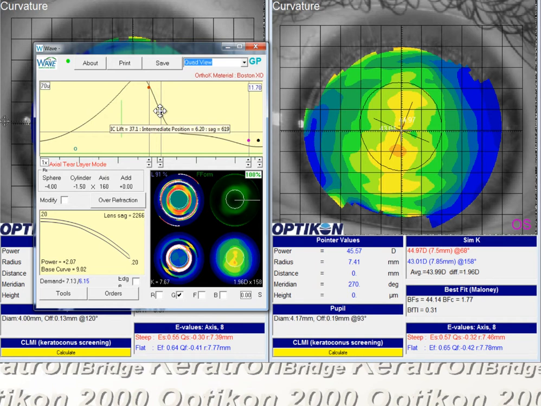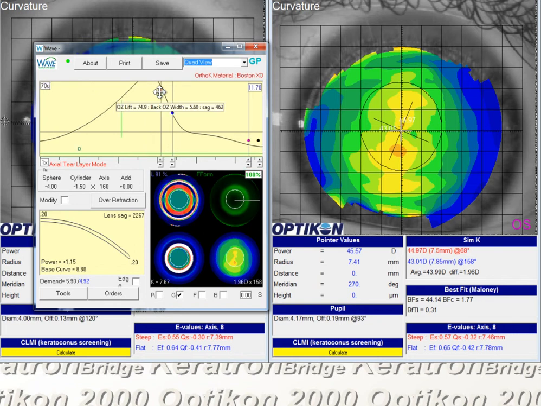We'll undo these changes. Okay, we want about a 1.4 to 1.5 demand here.